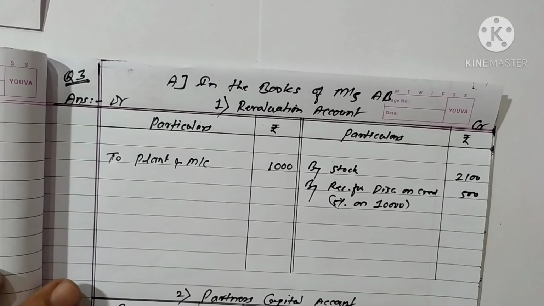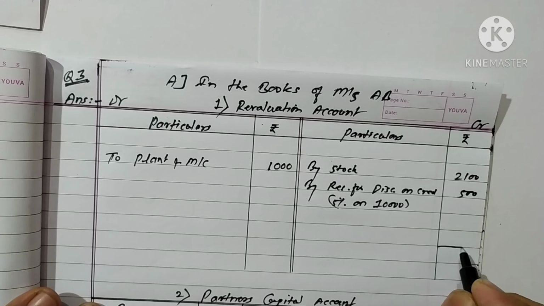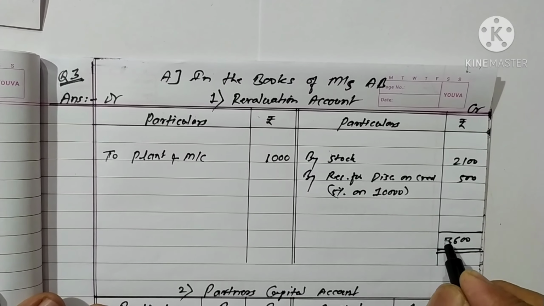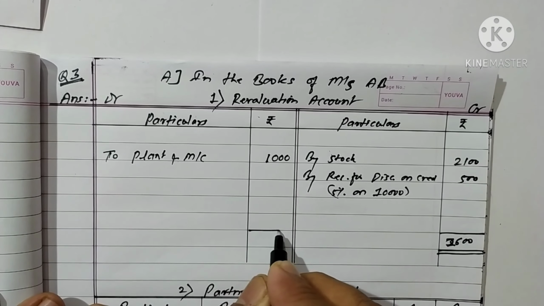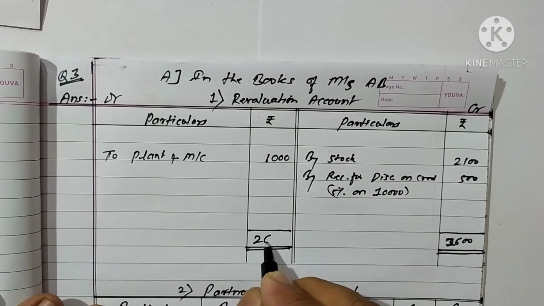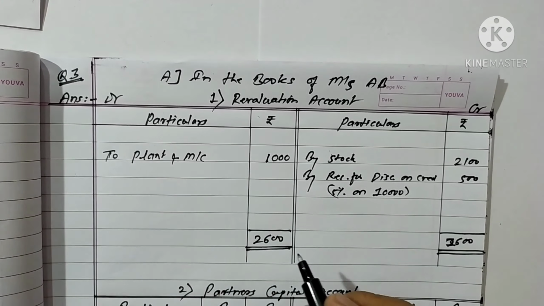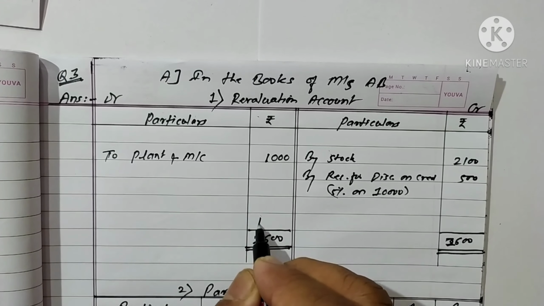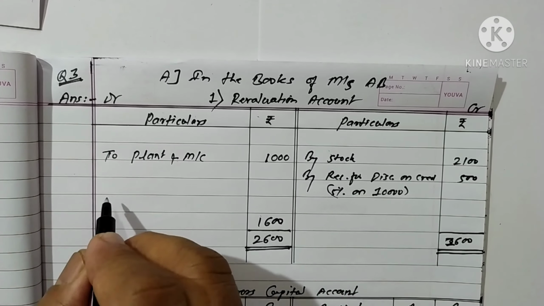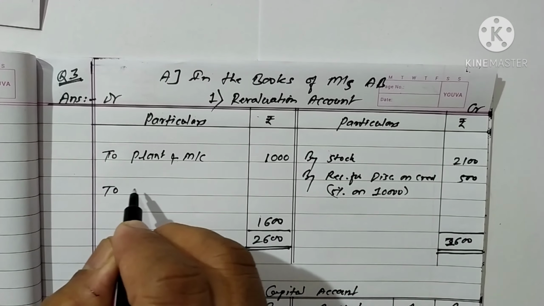We go to close the revaluation account. Total of credit side is 2,600. We write it on the debit side, 2,600. From this we subtract 1,000. The answer comes to be 1,600.